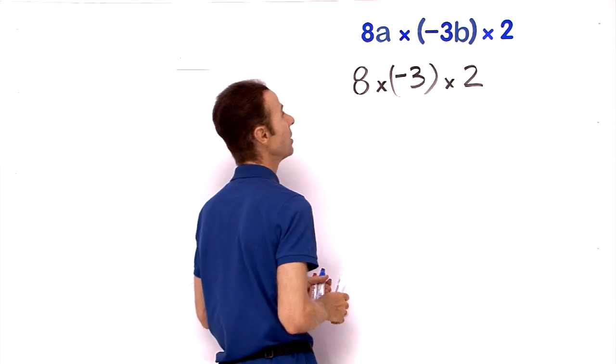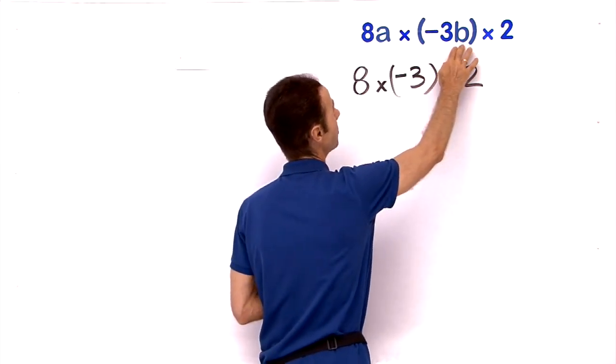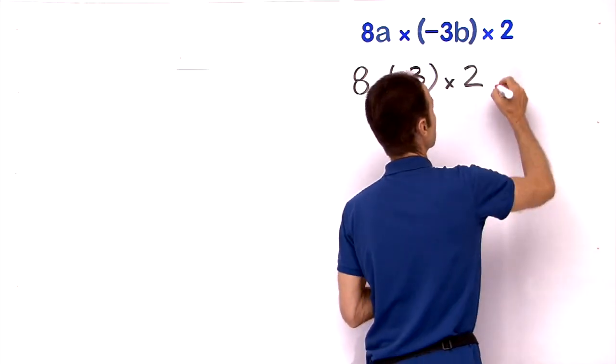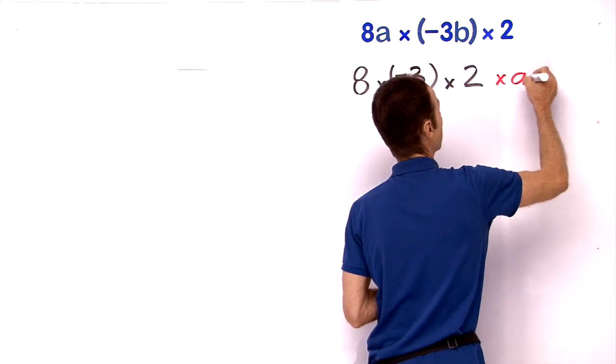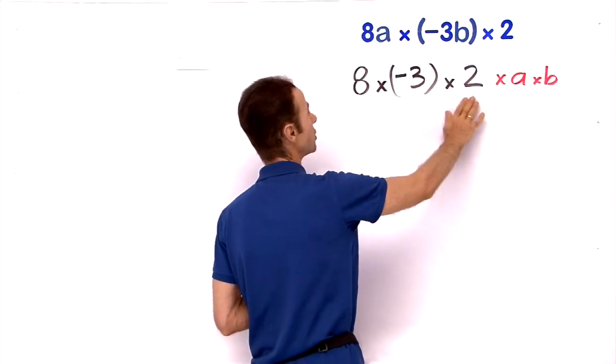So we separate them, and then we multiply by the a and the b. That's going to be times a times b. They're separated, so let's work with the numbers first.